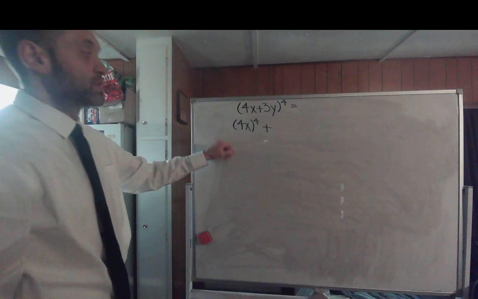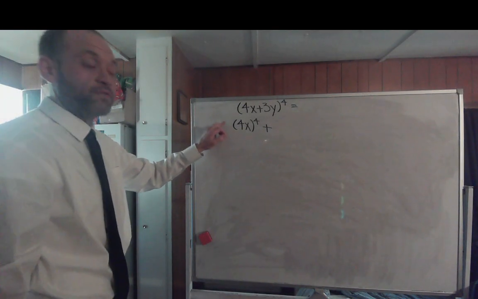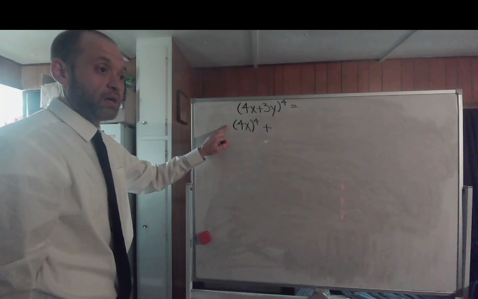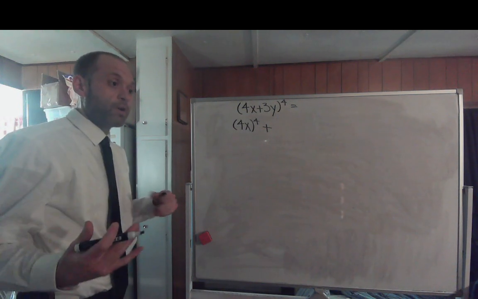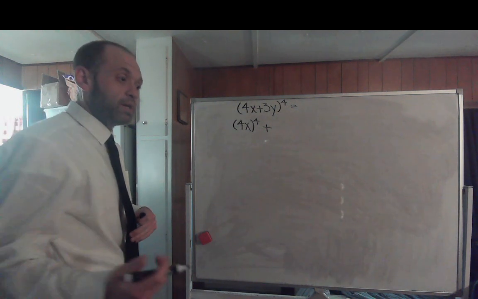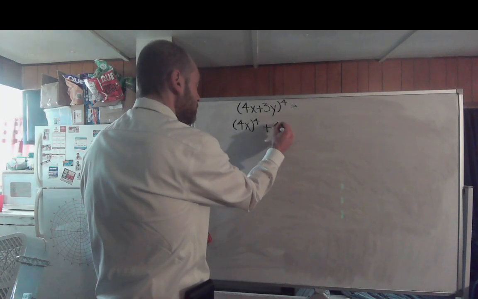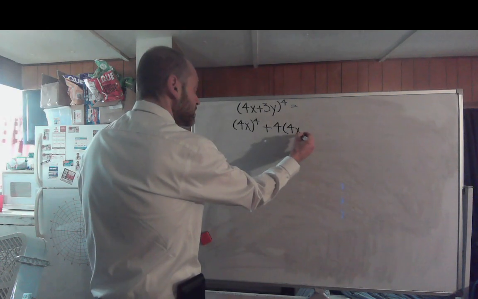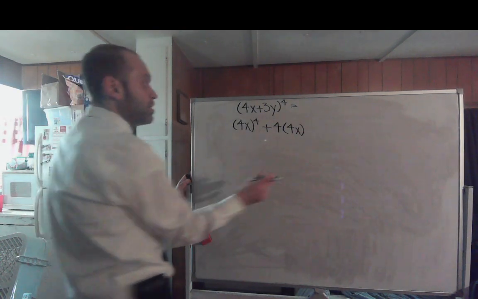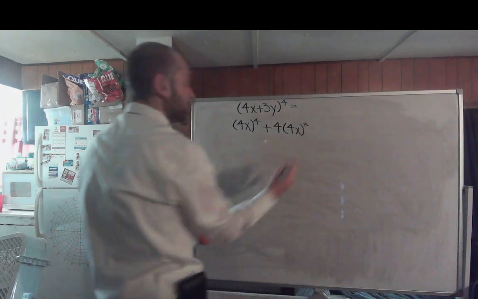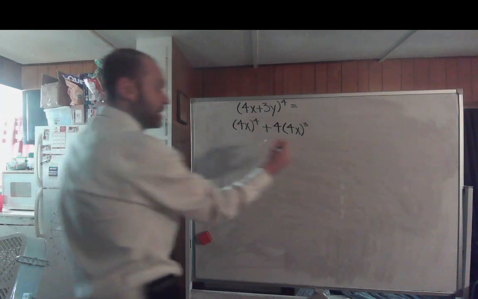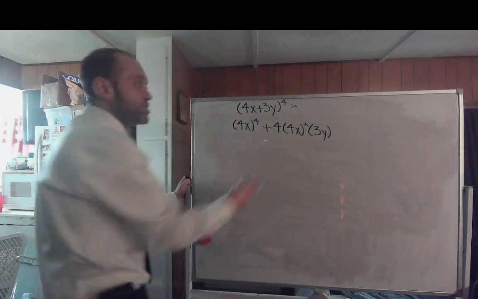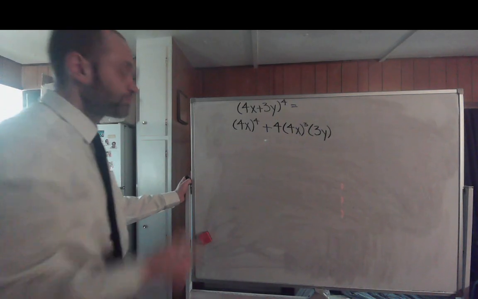That would be 4 times 1, which is 4, divided by the current term number I'm on, which is 1. So 4 divided by 1 is 4. So this would be 4 times that whole 4x, lowered 1 power, which would be to the 3rd power, times that 3y, the whole 3y term, raised 1 power, or in this case, just simply 3y.